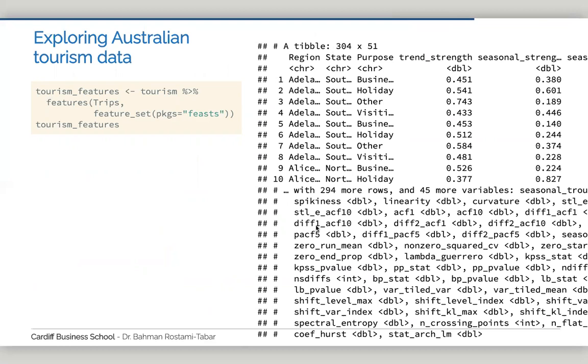Okay, so if you want to extract everything, and as I mentioned, I think these are 48 different measures. So you can extract everything, and then what you need to do later, because this is a table, right? So you can use all the skills you have in tidyverse to explore different aspects of the time series.